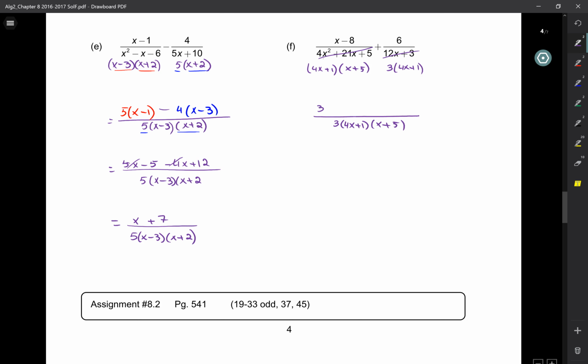Just the 3 times x minus 8 plus, so look here, 3 and 4x plus 1 are common in the two denominators. So I have 6 times x plus 5. Okay, when we distribute, 3x minus 24 plus 6x plus 30 all over this denominator.